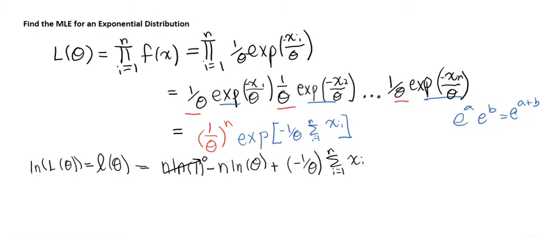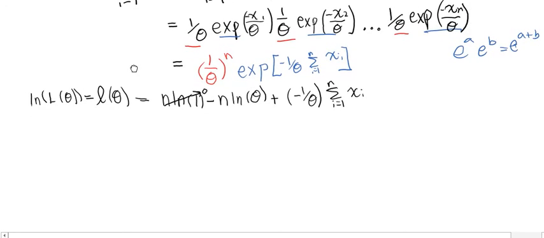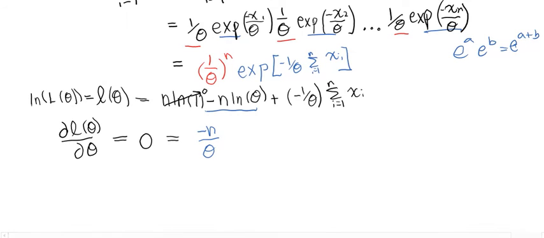Now, the next thing we want to do is maximize this function. We are finding the maximum likelihood estimator. So we are going to take the derivative of this with respect to theta and set it equal to 0. The derivative of this term right here is going to be negative n over theta.